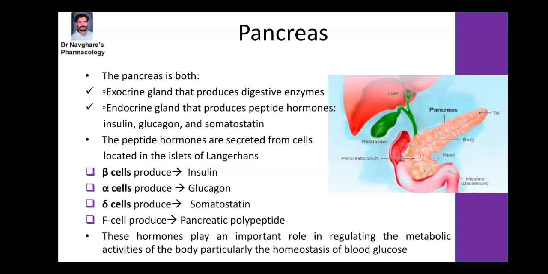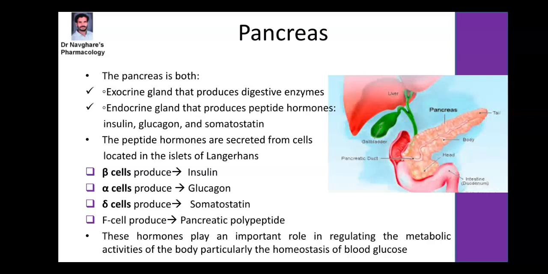It produces digestive enzymes, whereas the endocrine gland of the pancreas produces peptide hormones such as insulin, glucagon, and somatostatin. The peptide hormones are secreted from cells located in the islets of Langerhans.